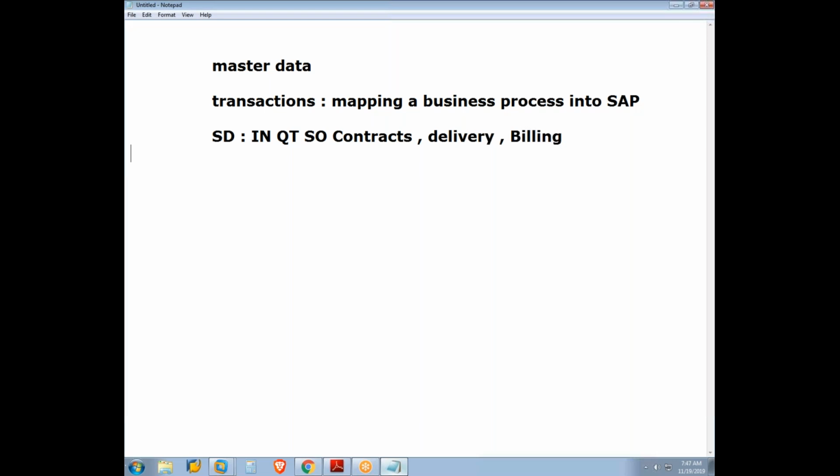These are all the transactions we are posting in sales and distribution, which means it is application specific. Likewise, in purchasing we create purchase orders, invoice verification, goods receipt, goods issue. In production, we create a planned order or a production order. So basically we are recording the business process in SAP using a transaction.